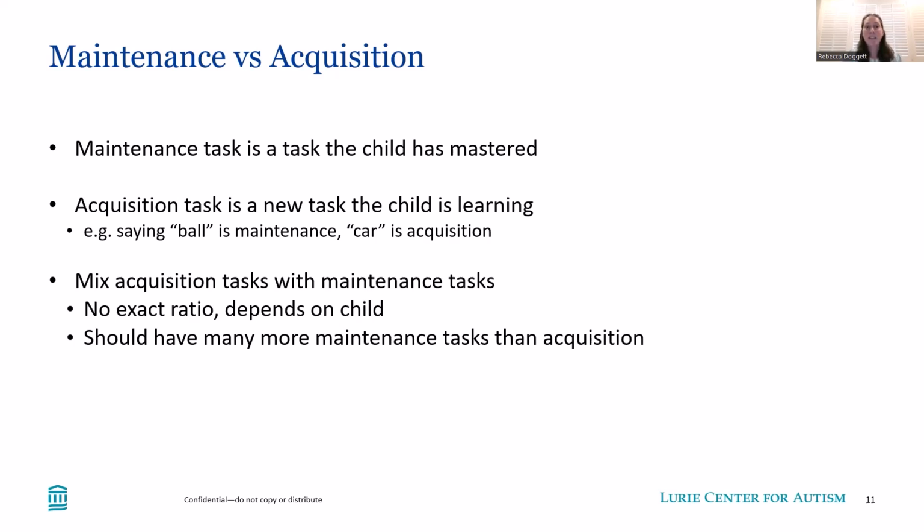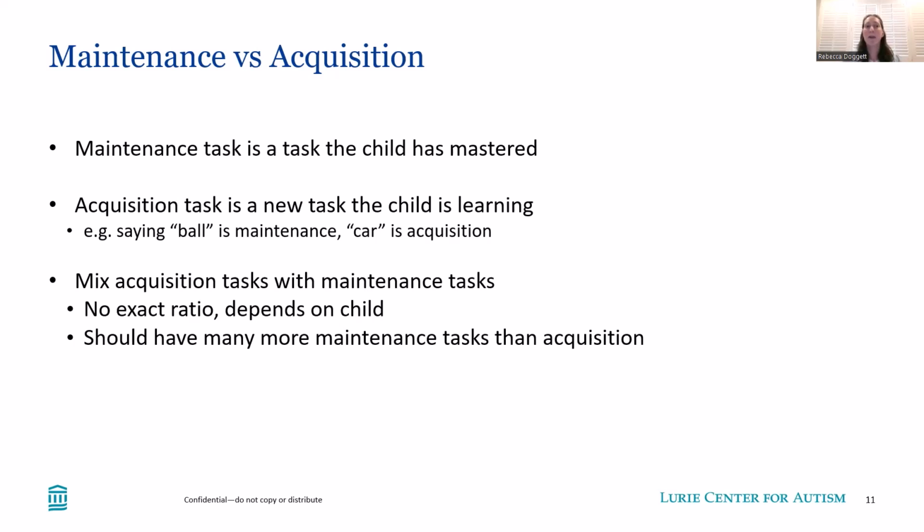But the idea is if you primarily give the child opportunities to practice those things that they're readily doing, that they have acquired already, and then intersperse opportunities for them to practice those new skills that they haven't yet mastered, we're going to keep their motivation up. They're not going to feel like I'm just continuously needing to practice this thing that's really hard for me.